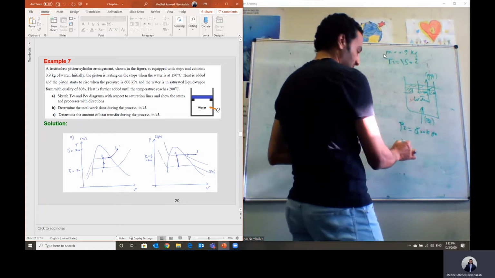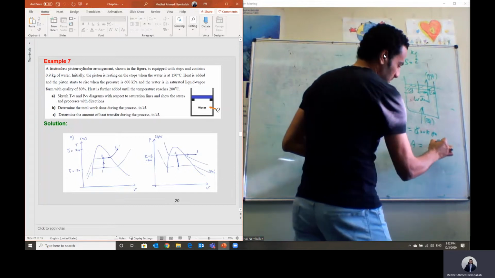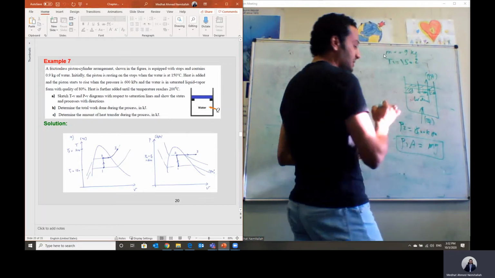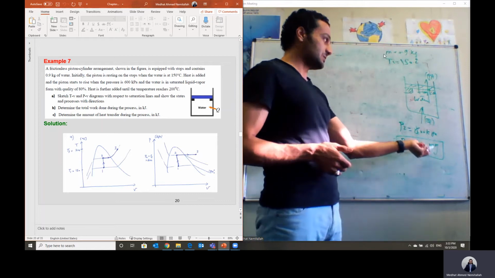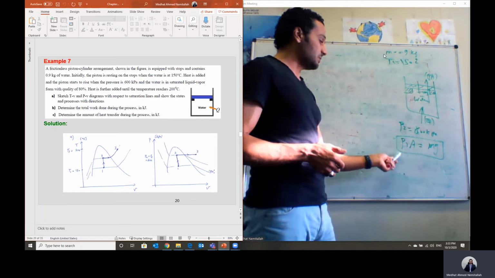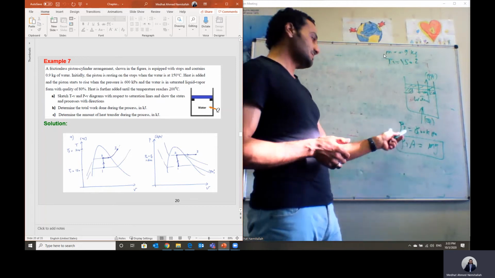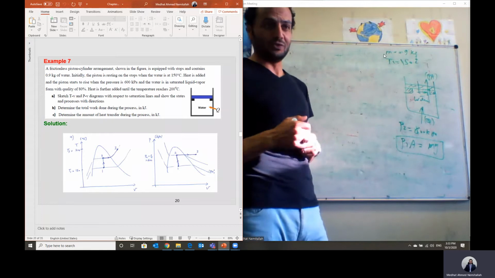So this pressure P2 multiplied by the area of this piston should equal mass multiplied by gravitational acceleration. He may give you the mass of this piston and the cross-sectional area, then we can calculate the pressure P2. But in this case, he gave it directly. So maybe I will do it in one of your exams.